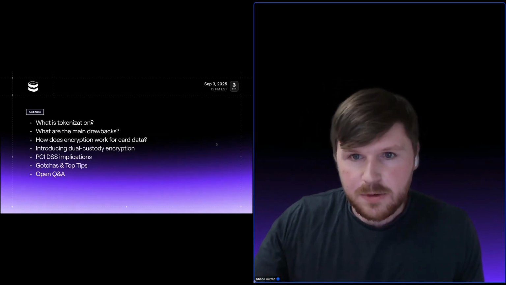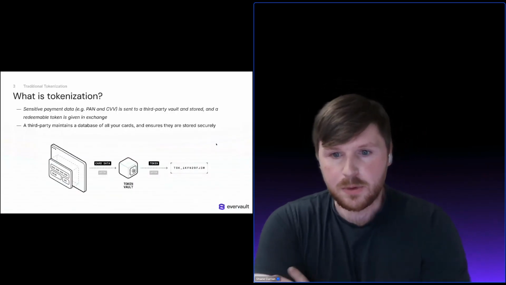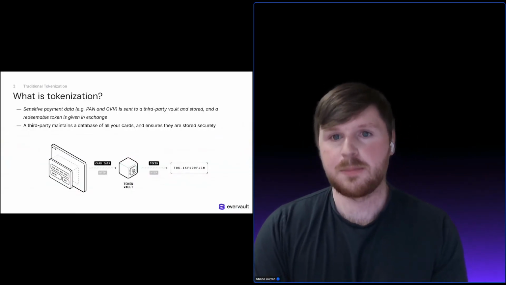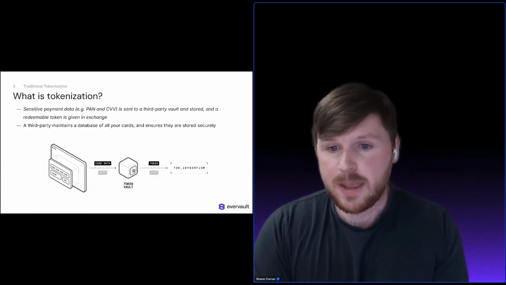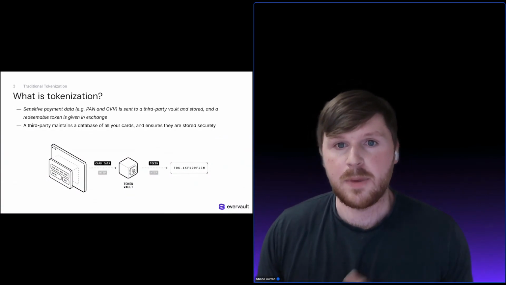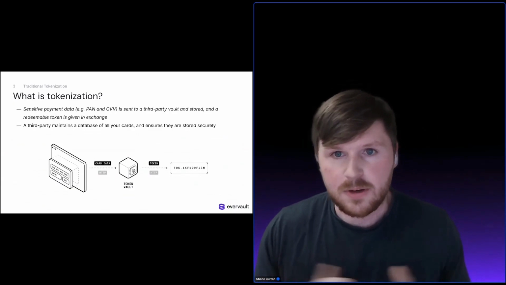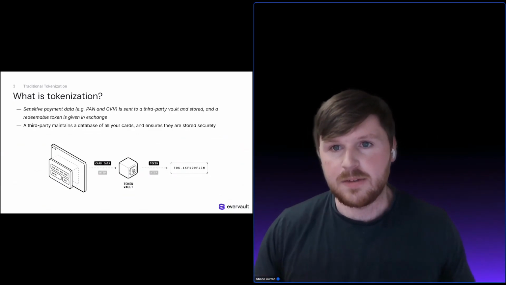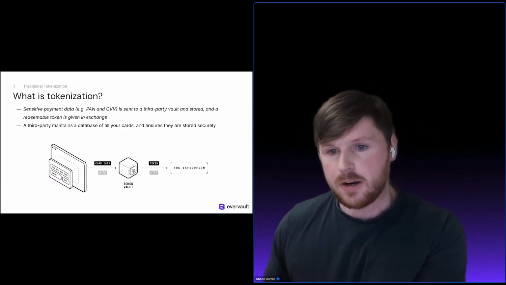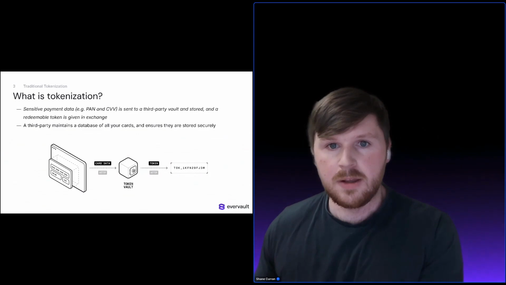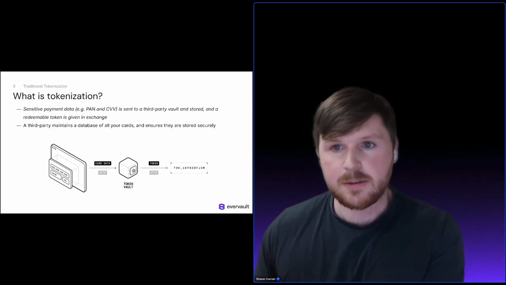But without further ado, to run through what tokenization is, it's a conceptually pretty simple idea where sensitive payment data, or any data really, but we're talking about this from the perspective of card tokenization. You take a PAN, or the 16-digit card number, and a CVV. You send that off to a third-party vault provider who stores it, and then they're responsible for all the security and compliance aspects of that data.